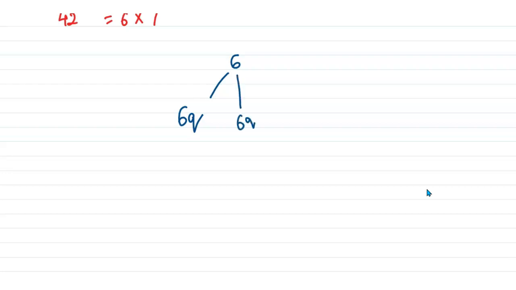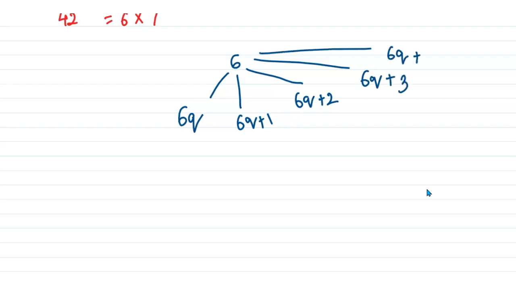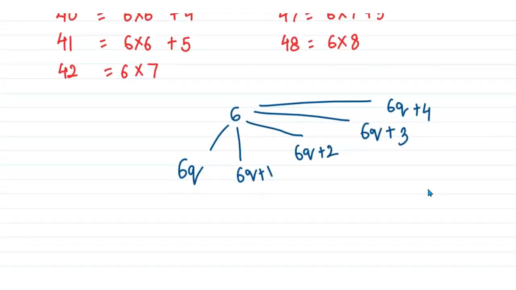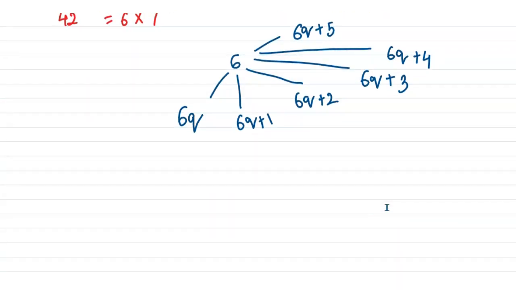Then 6q plus 1, 6q plus 2, 6q plus 3, 6q plus 4, 6q plus 5. These are the only 6 possibilities which we are going to get with the number 6.